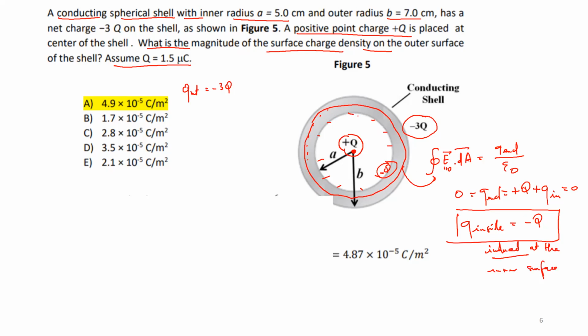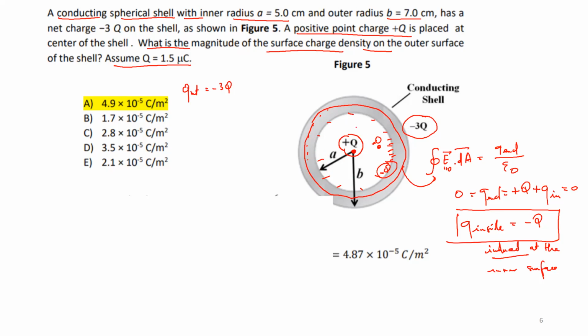I have minus Q distributed uniformly around my inner surface, uniformly because plus Q is in the middle. If plus Q was off-center, of course, I would have more negative charge on one side and less on the other. But overall, on my inner surface, the total charge is just minus Q.